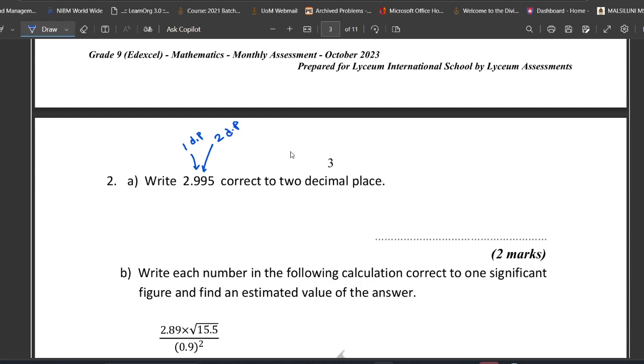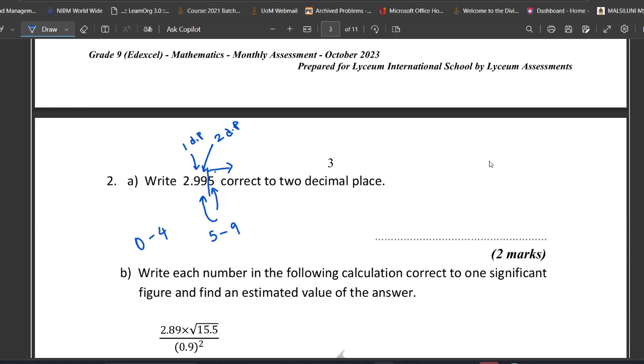So we only need 2 decimal places, so we have to omit the numbers from here onwards. To do that, we have to check the third decimal place also. If that's between 5 to 9, we add 1 to the second decimal place. If that's between 0 to 4, we don't do anything to the second decimal place. So it's between 5 to 9.